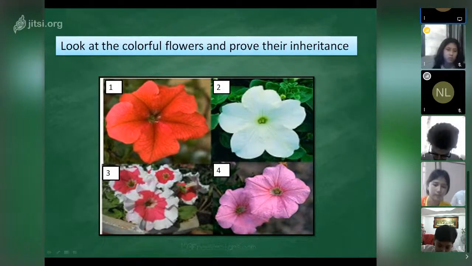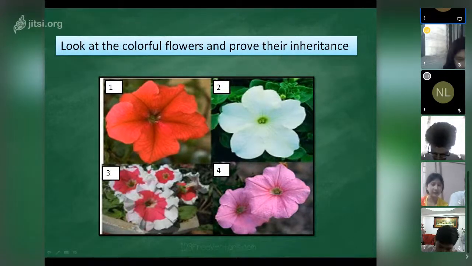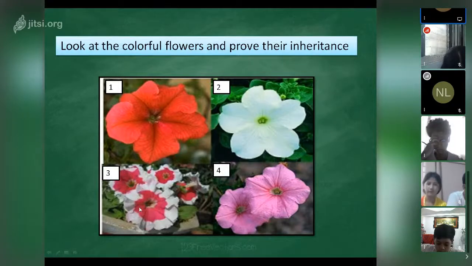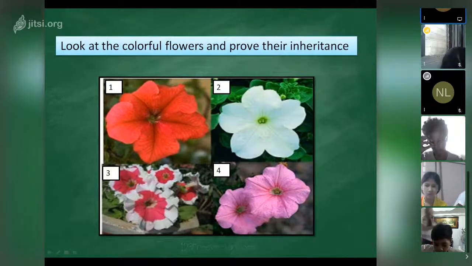Also, we will make a Punnett square. Listen. In codominance, we can see the red and white. If the parents red and white unite and we follow codominance, the answer is number 3. We can identify the red in the middle and the white on the side. That is the concept of codominance.